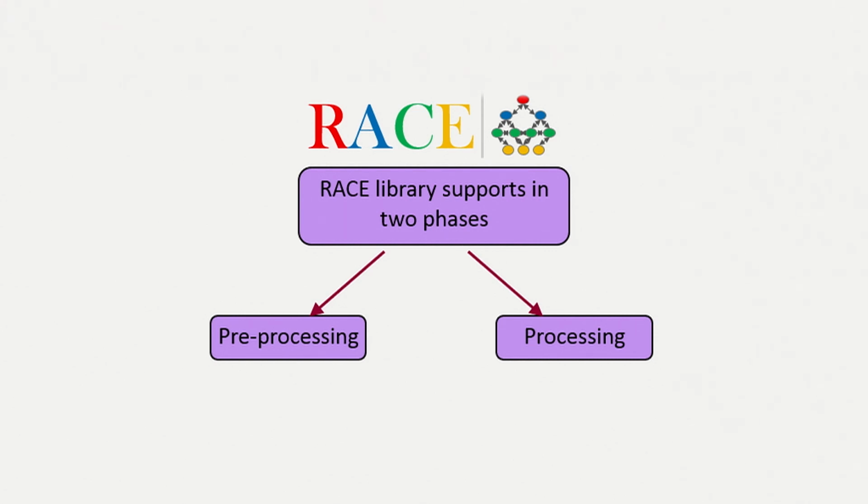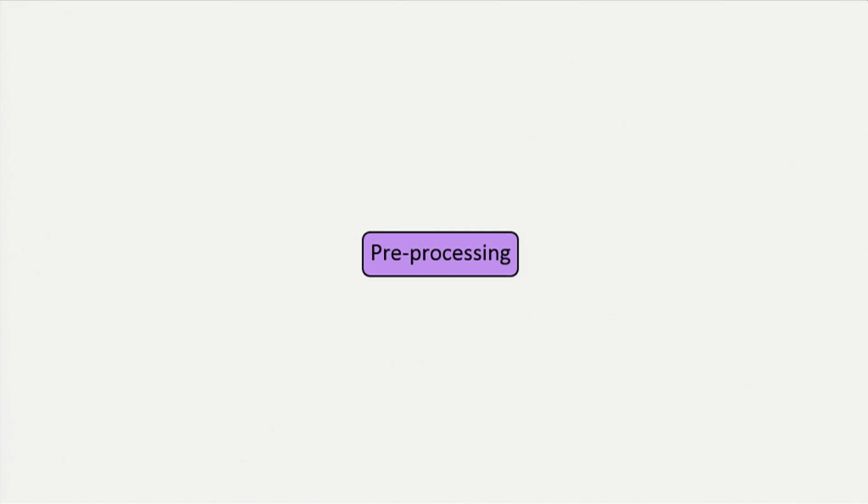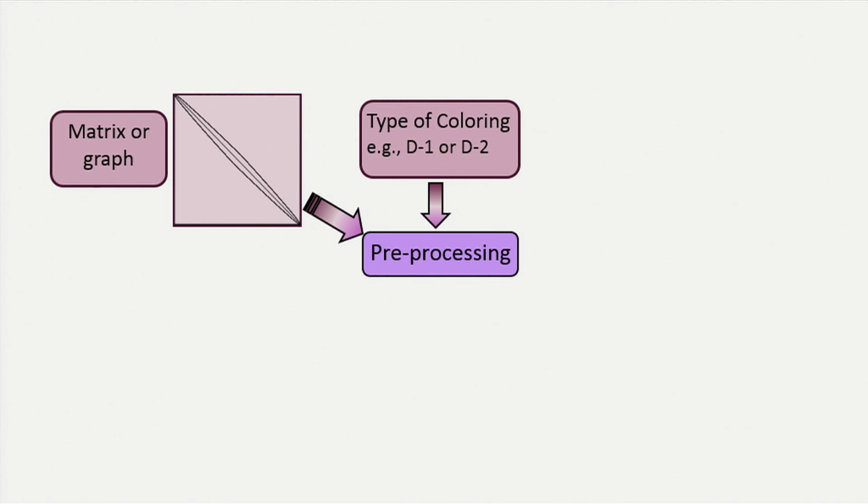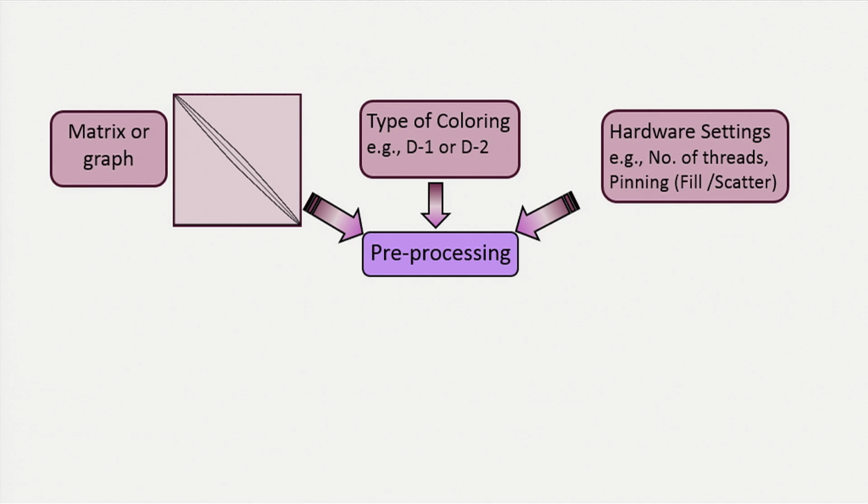The RACE library supports the user in 2 phases, the pre-processing and the processing phase. In the pre-processing phase, the user needs to provide the sparse matrix, specify the type of coloring he wants like distance 1 or distance 2, and specify the hardware settings like the number of threads required and the pinning strategy to be used.